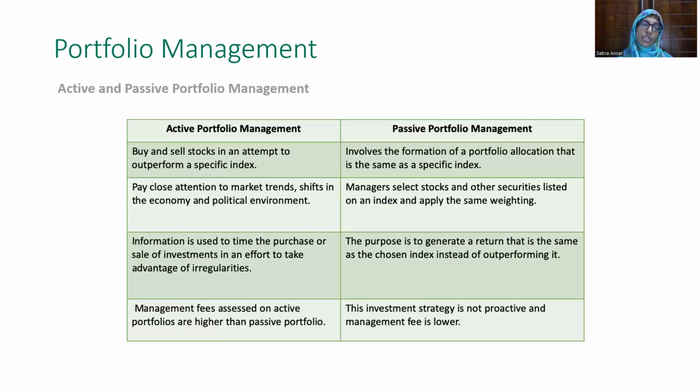Thereafter, we'll be talking about the information which is used to time the purchase or sale of investment in an effort to take advantage of irregularities. So active portfolio management is used to time the purchase or sale of investment in an effort to find the advantages of irregularities.